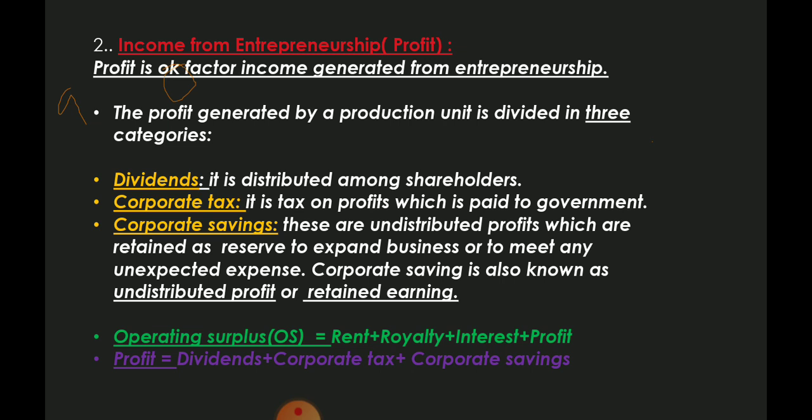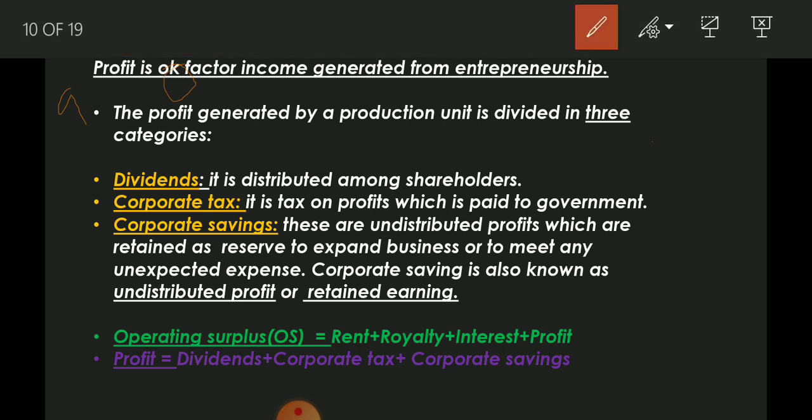It is also known as undistributed profit and retained earning. It is important to learn these names: undistributed profit, retained earning, and corporate saving. These are the same thing. When you are solving numerical questions, sometimes the term retained earning is used, sometimes undistributed profit, and sometimes corporate saving. All these are the same.